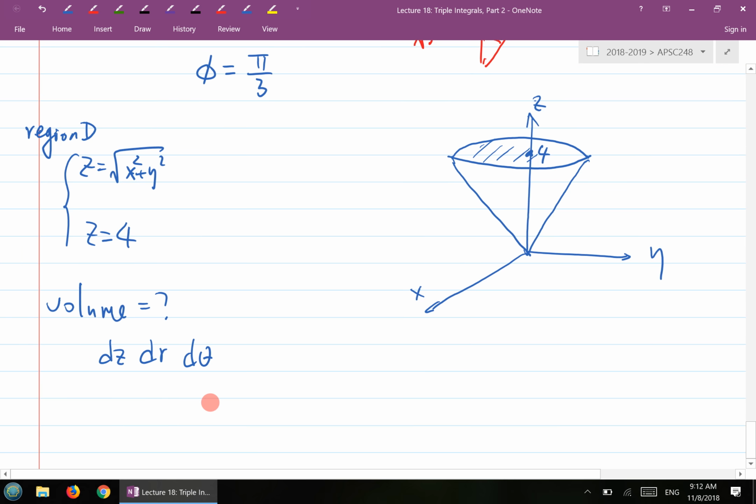This is what I call order number 1. If this is the order we're going to choose, as we always do, the next step is to sketch the shadow. So you have a shadow over here, like that.